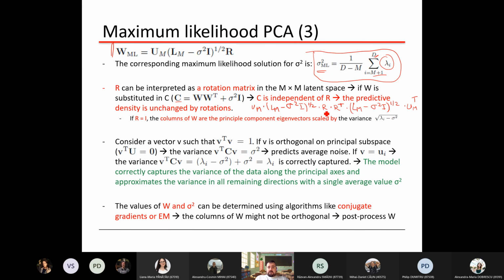Now, this is an orthonormal matrix. So R by R transposed will be equal to the identity matrix. So this one will disappear.